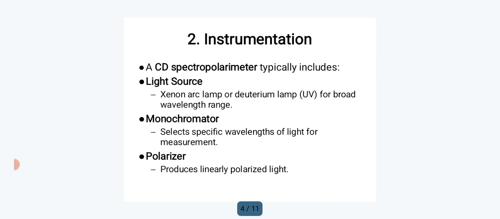The second one is the monochromator, which selects the specific wavelength of light for measurement. And the third one is the polarizer, which produces the linearly polarized light.